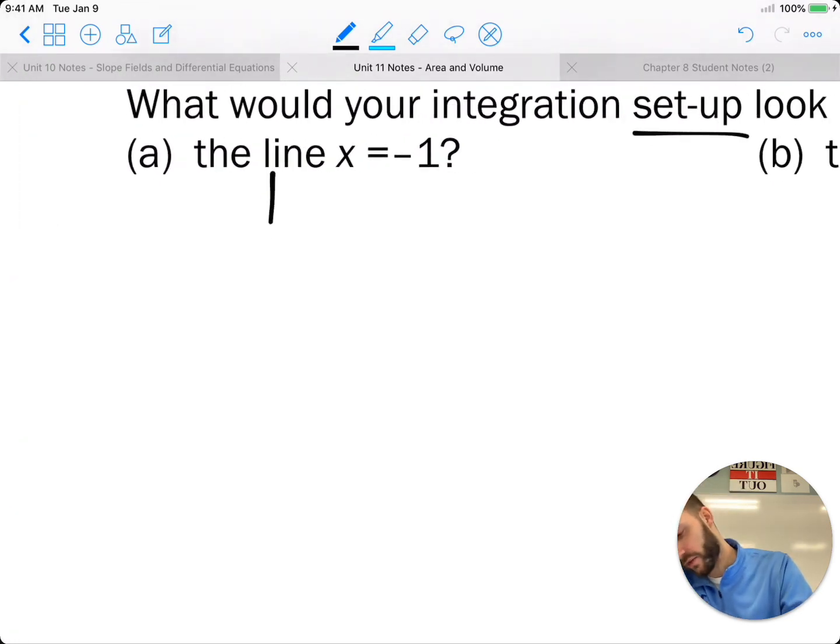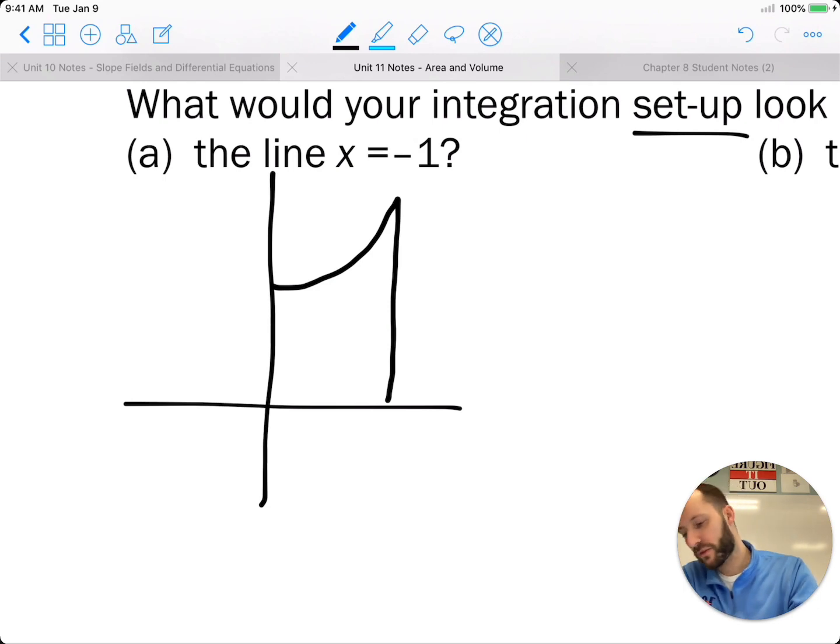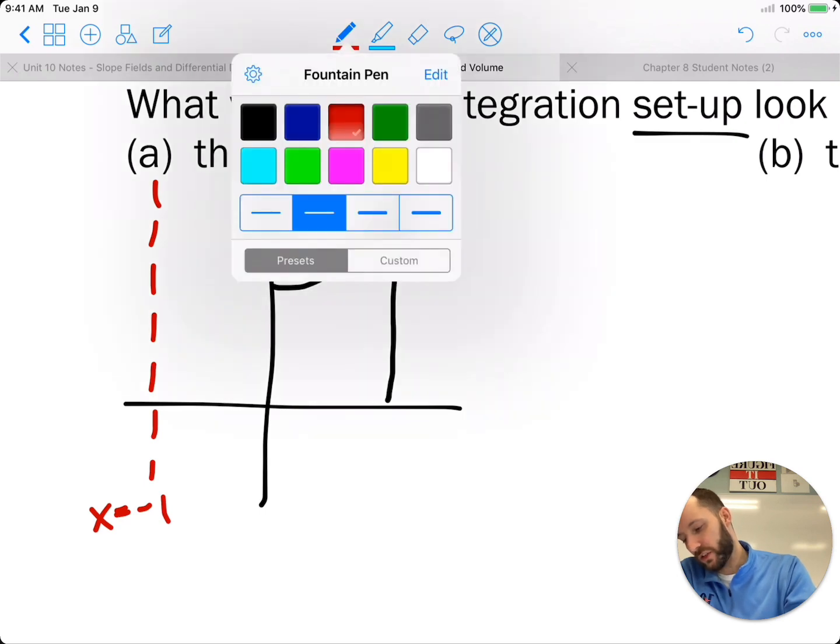So we have xy axis, we have a region, but now we're revolving about the line x equals -1. Alright, x equals -1. So we still have two integrals, okay?